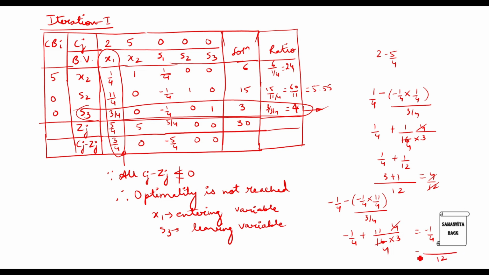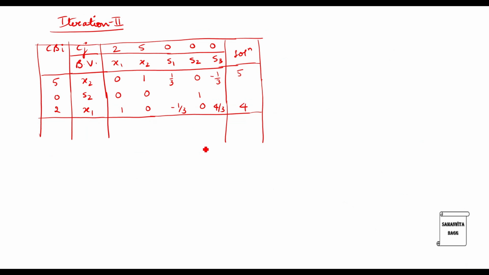So this is 12, common denominator. This will be minus 3 plus 11. So 4 2s are 8, 4 3s are 12. So this will be 2 by 3. That is the position of S1, 2 by 3. Similarly, you can calculate these two now. This turns out to be minus 11 by 3 and this turns out to be 4.